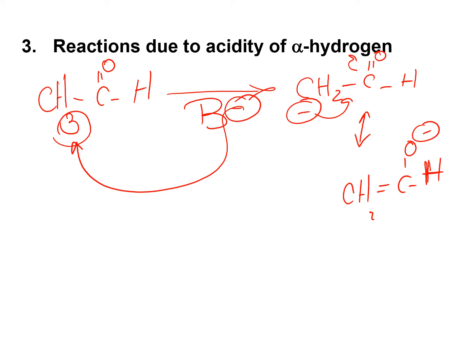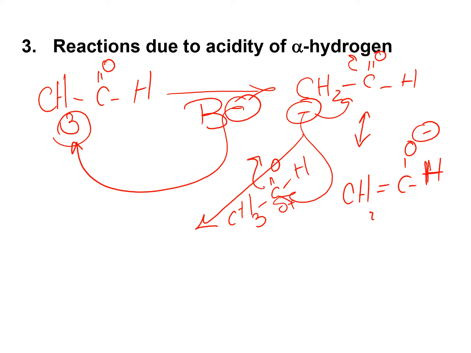You have several molecules. So some of these molecules are still unreacted. They still exist in the aldehydic form, not in the enol form. So this negative charge can attack the carbonyl of another molecule, breaking the pi bond.